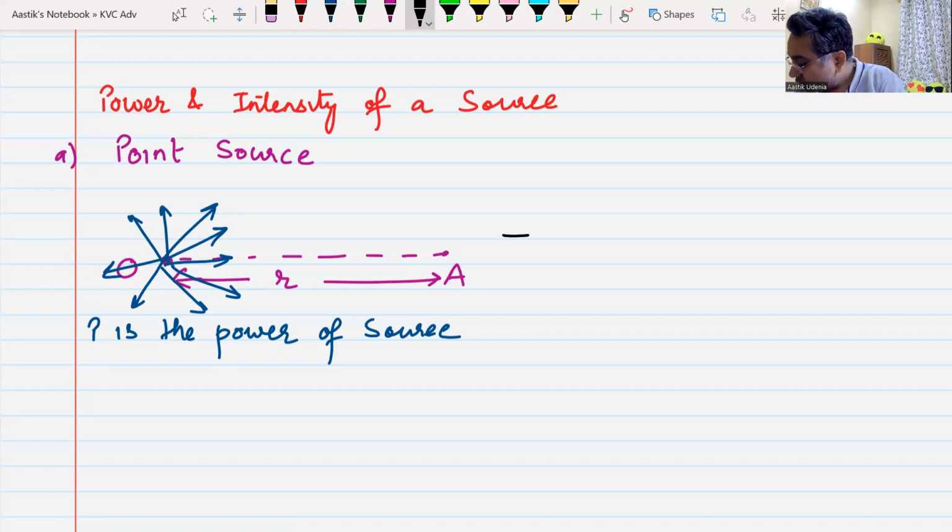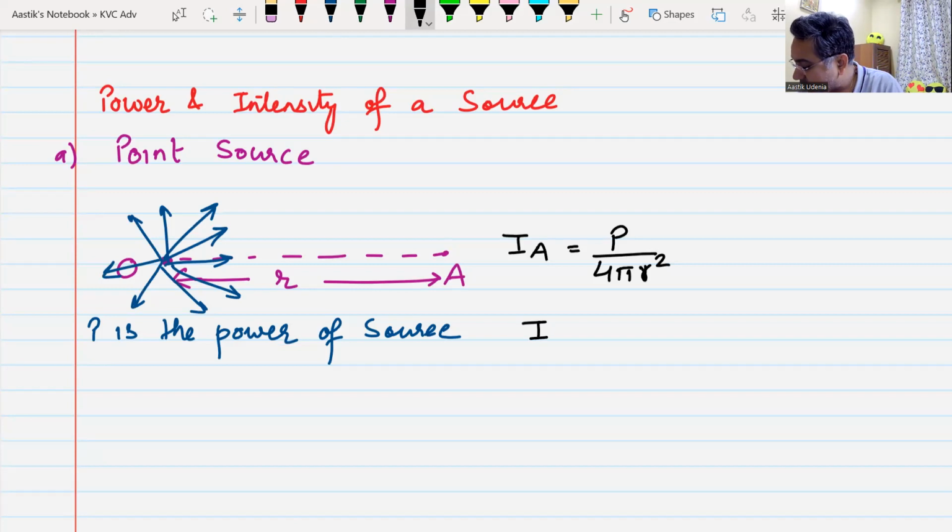If someone asks you what is the intensity of this source at point A, what you have to do is divide power by 4 pi r squared. Why this 4 pi r squared? Because it will be emitting power in the form of a spherical thing. Do we understand this?